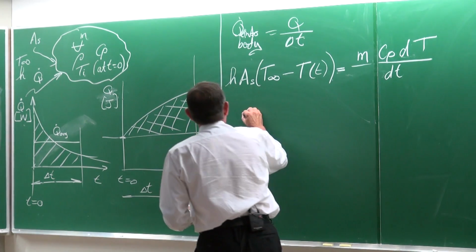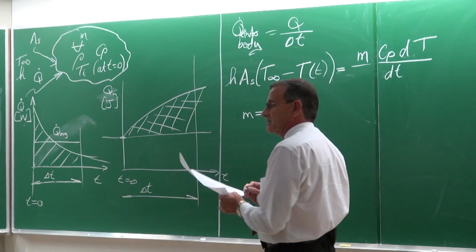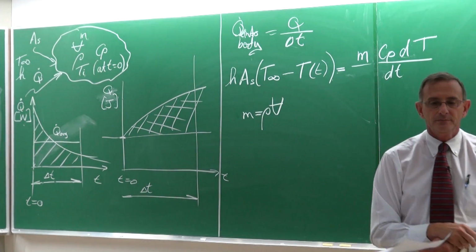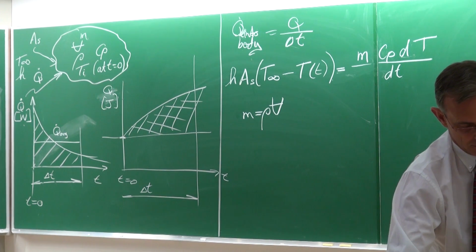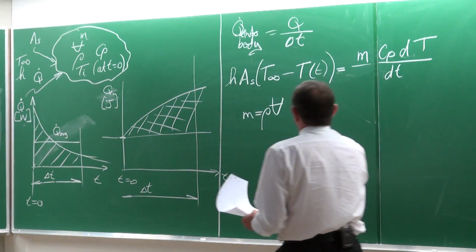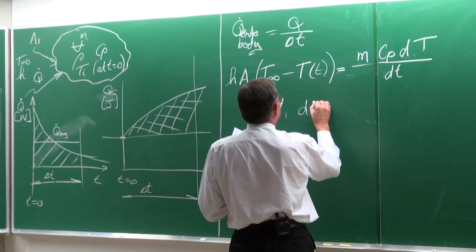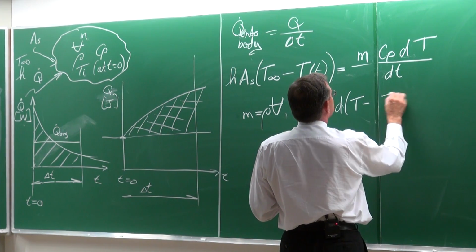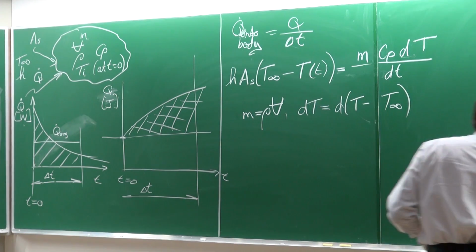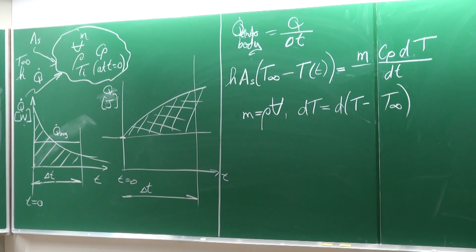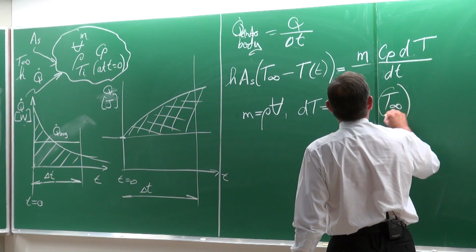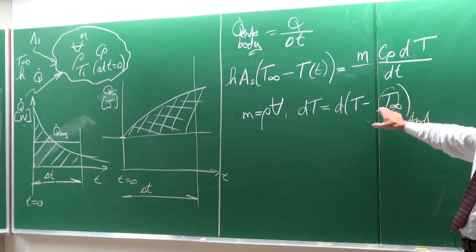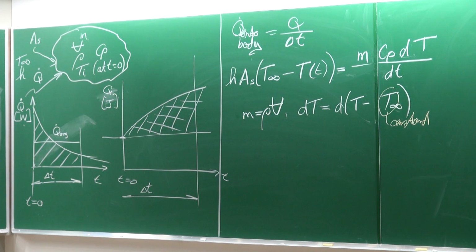Take into consideration that the mass we can write as the density multiplied by the volume of the body. And a mathematical trick that you've used many times is that dT we can write as d(T minus T infinite). Why? Because T infinite is a constant, and if I do the differentiation, that one is just going to disappear in any case.